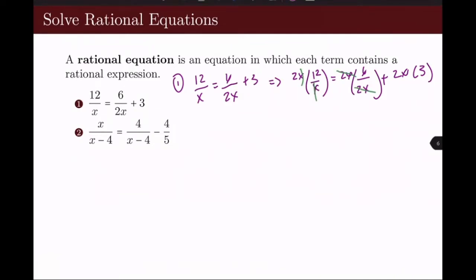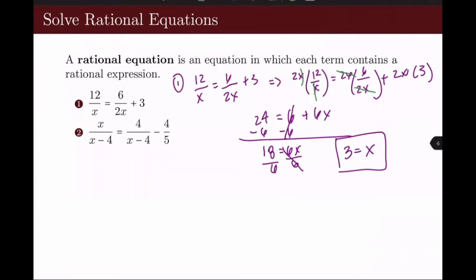So what we're going to have left over is 2 times 12, which is 24, equals 6, because everything else canceled out, plus 2x times 3, which is 6x. From here, we can just subtract the 6 from both sides. 24 minus 6 is 18. Divide by 6 on each side, and you get 18 divided by 6 is 3.